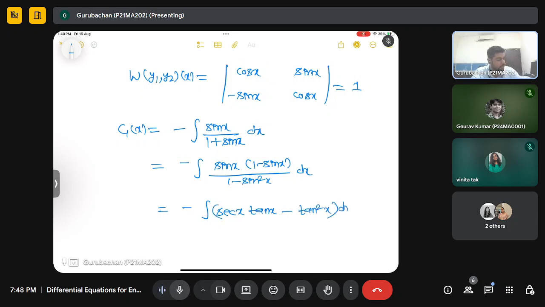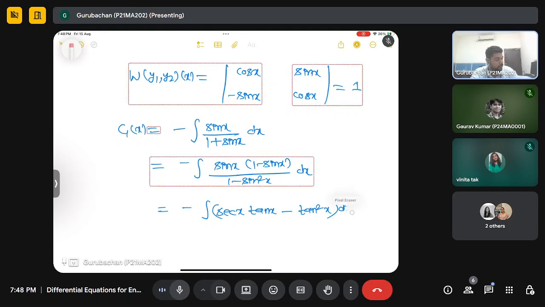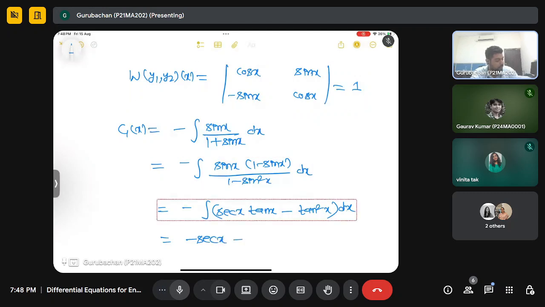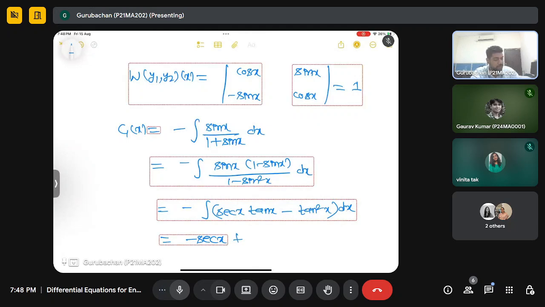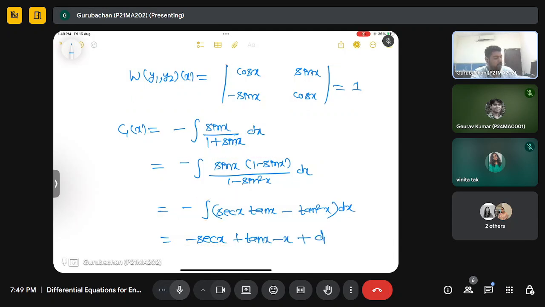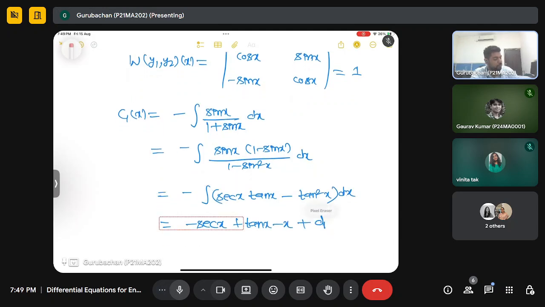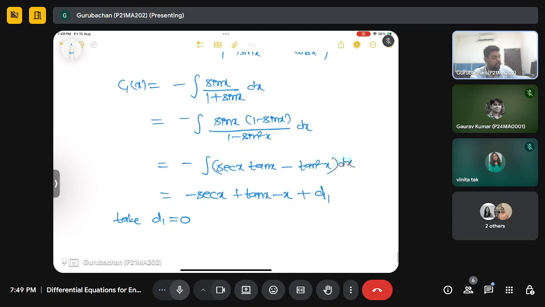Since we don't know the integration of tan square x directly, we will convert it into secant square x minus 1. So the first term will be sec x minus, the second term will correspond to secant square x minus 1, that is tan x minus x, plus some constant d1. And for simplicity, we will take this d1 to be 0.